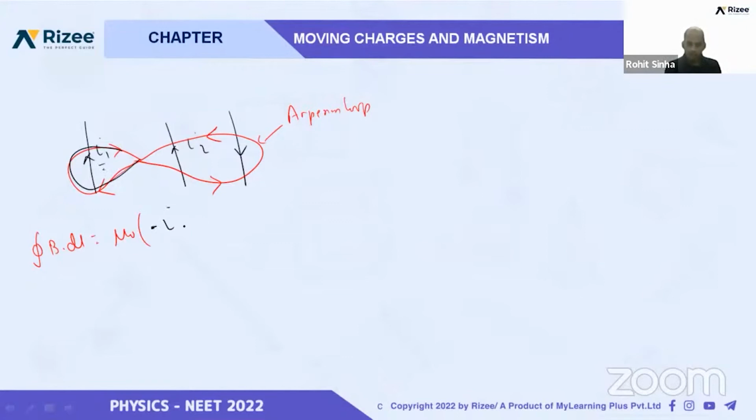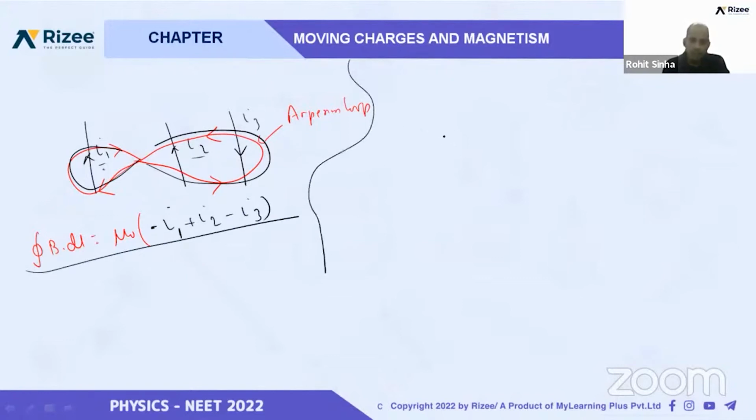In this loop, if you curl your forefinger in this direction, your thumb will point outward, so I2 will be positive, and the current I3 will be negative. You can put it like this, you will get your answer.